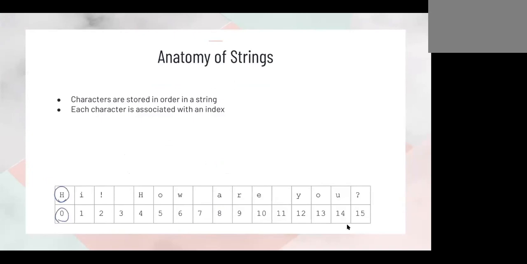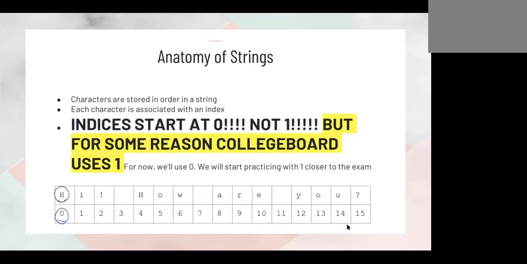So H is stored in the 0th position. And that's a very important distinction to make. In Python, in Java, in C++, in Ruby, in pretty much every single language, C, it starts at 0. But for some reason, for the AP test, College Board will use the number 1. They say that the indices start at 1.